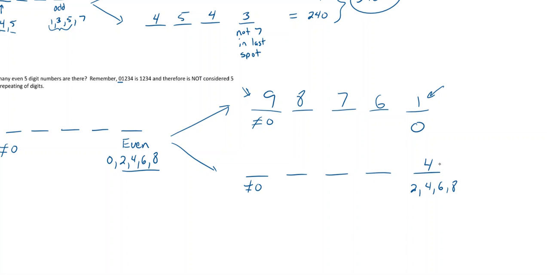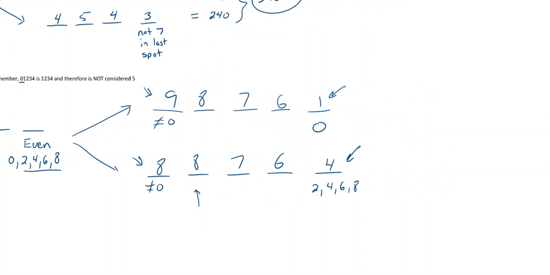But then now I've chosen one of these, so now it's 8. All right, so I kind of did that one before as well. And then same situation as above for the next number here. I chose that last number, I chose that front number, so now there's only 8 left to choose from. And that's easy from here. And then it's just 7, 6, and we're done. So then that's it.